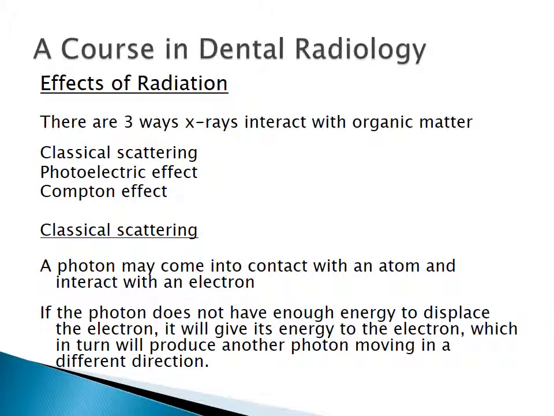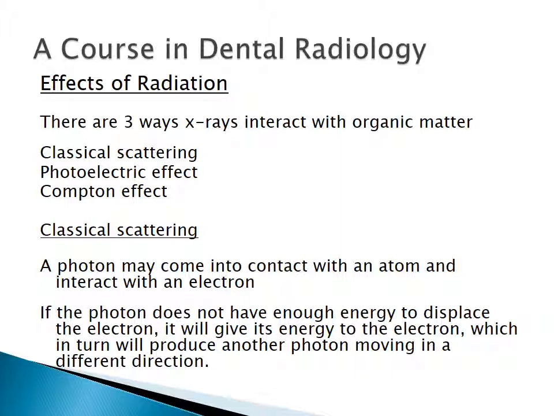So radiation has 3 different effects on organic matter. Those 3 effects are classical scattering, the photoelectric effect, and the Compton effect. When it comes to classical scattering, the X-rays are going to enter the human body in a nice form, basically flying in a tight group.